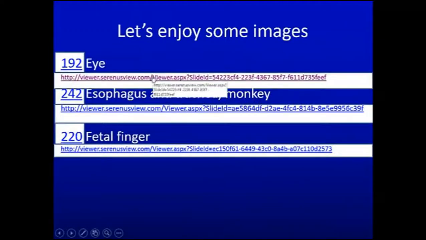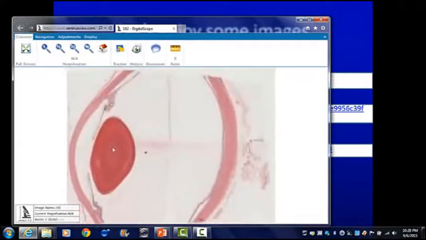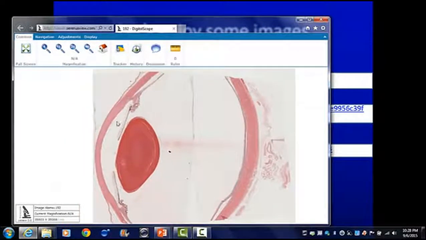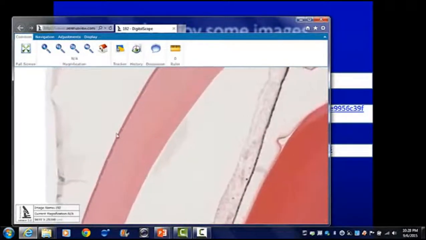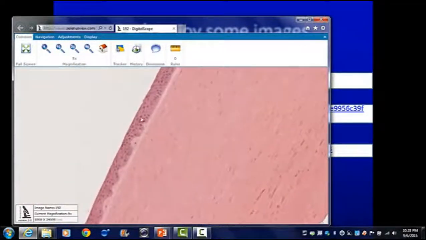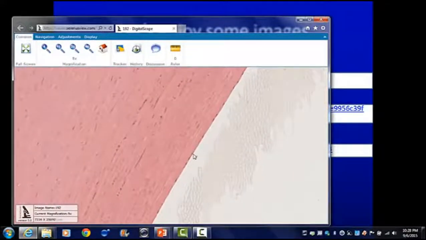So if we take a look at the eye, we can see some of the images that we are seeing. And so this is the eye. You can see the lens and lining this cavity here. Lining the surface would be epithelium, and also lining this cavity here is epithelium.